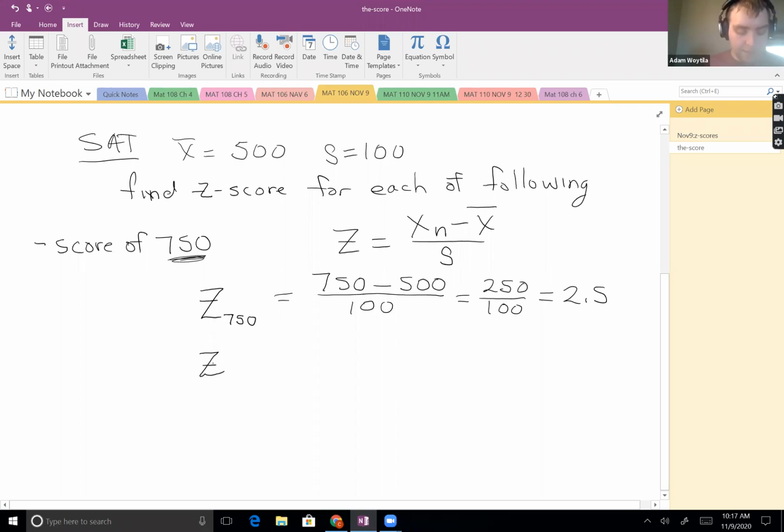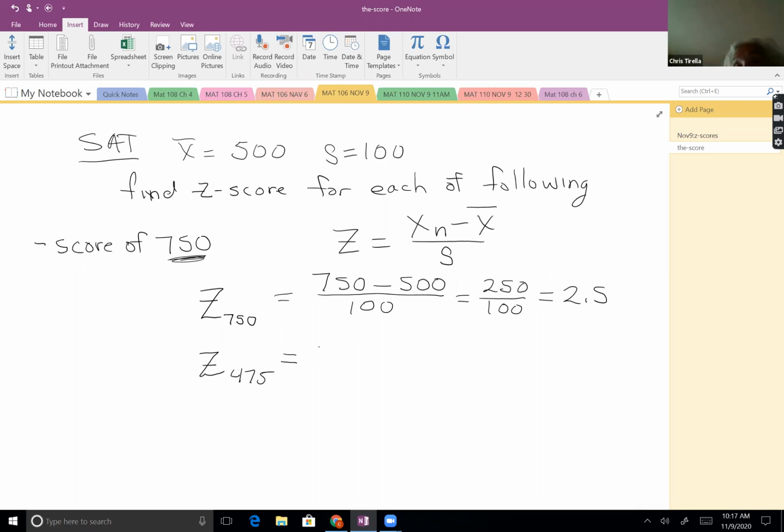What if I want a z-score for a score of 475? Wouldn't the top be in the negative then? Because you're subtracting 500 from it. Adam, you are amazing. That was exactly why I picked that number.